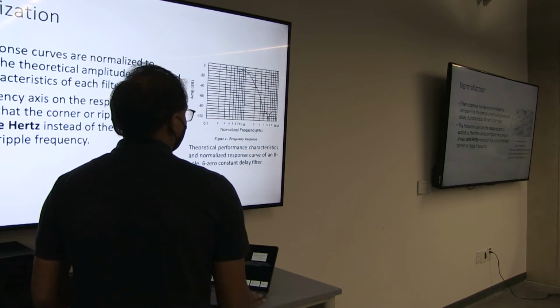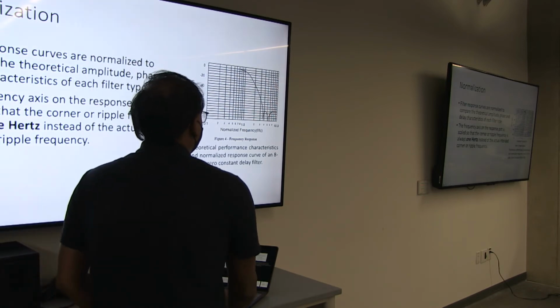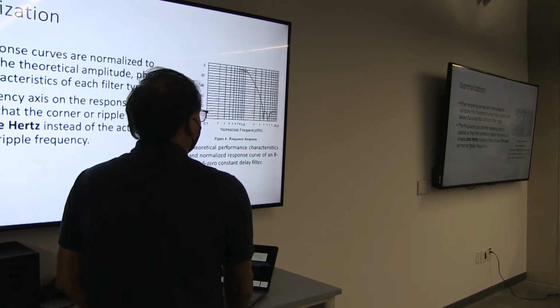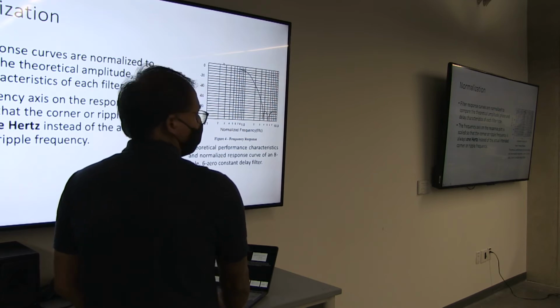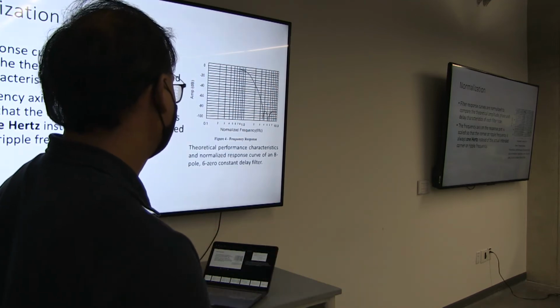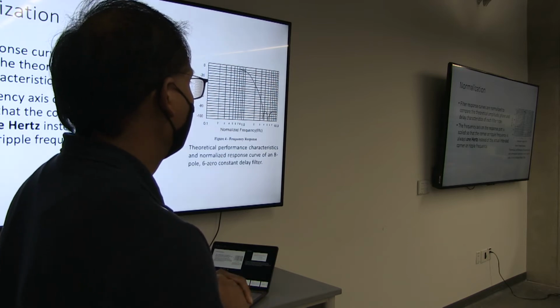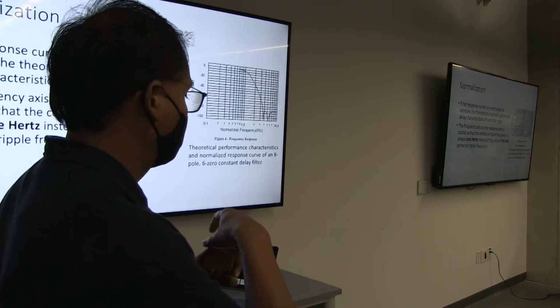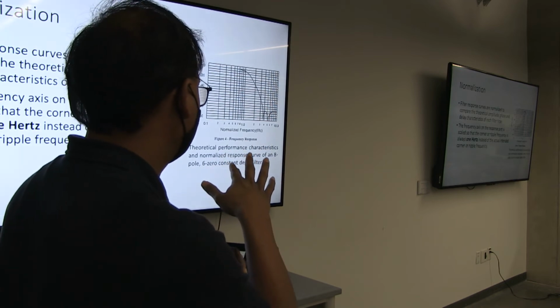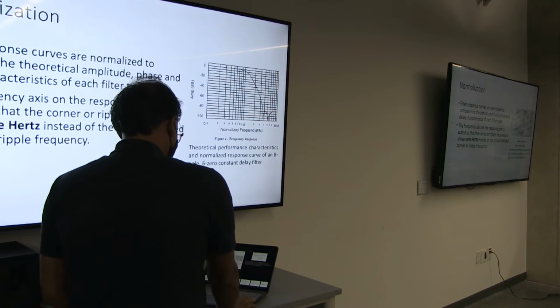Irrespective of the corner frequency, we will get the amplitude response, the slope of the curve, and whether there are any ripples in the stop band or pass band. This removes the filter-specific properties and gives us a nice way to compare the different classes of filters.